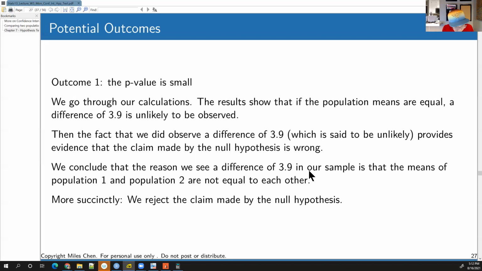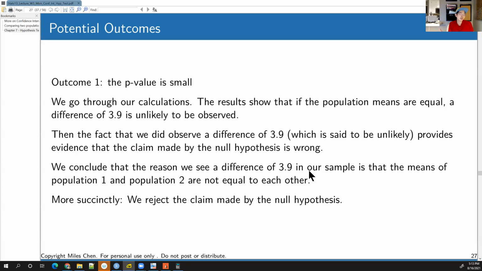And so let's say we go through the math, and we say, all right, even when two populations do have the same mean, by random chance, sometimes you're going to get different sample means. How often do we get a difference of 3.9? Let's say you go through those calculations and that probability turns out really small. One possibility is you say, well, if the two populations have an equal mean, it should be almost impossible.